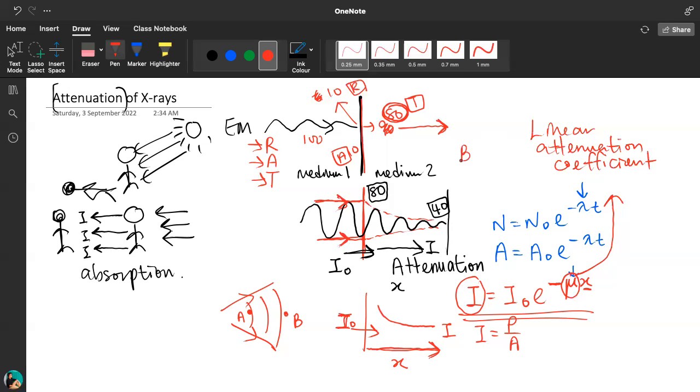Let's say the bone is about 0.528, muscle 0.237. The higher the value, the more the absorption. So bone is, of course, the highest one. The higher it is, the more the absorption of the X-ray.